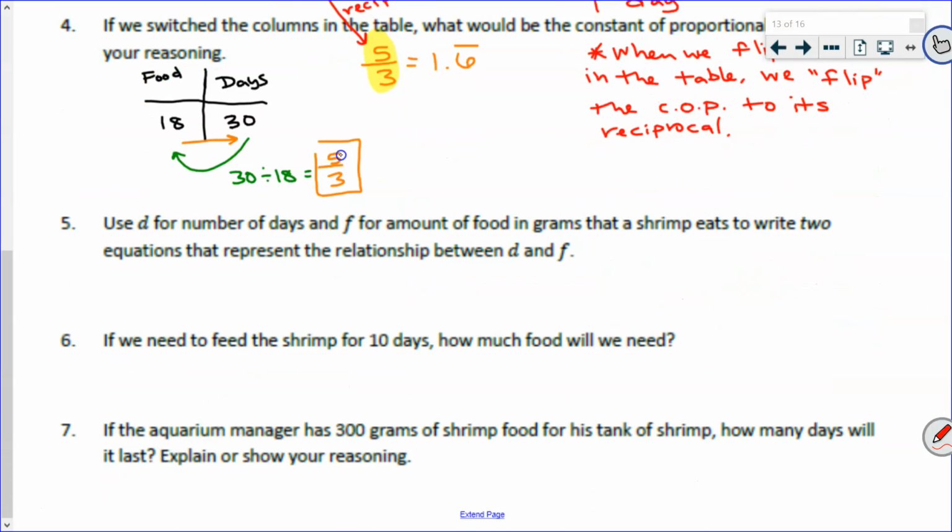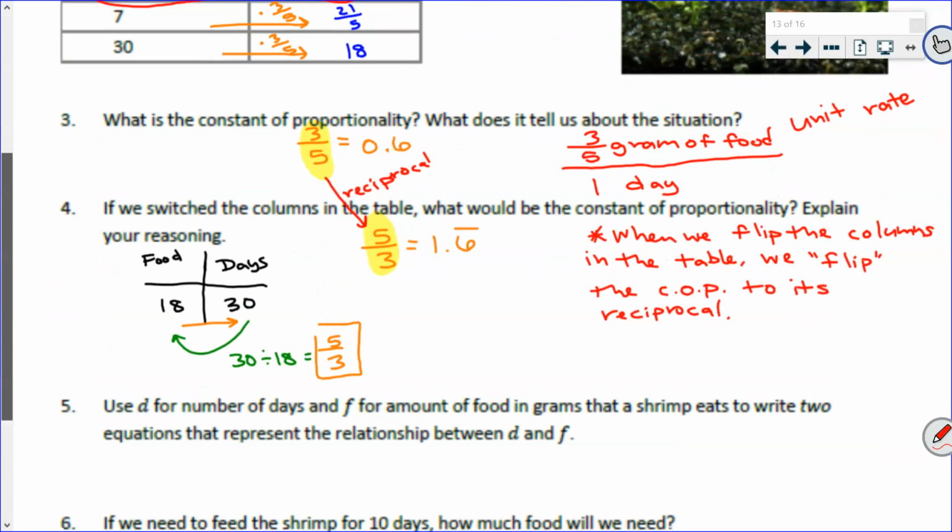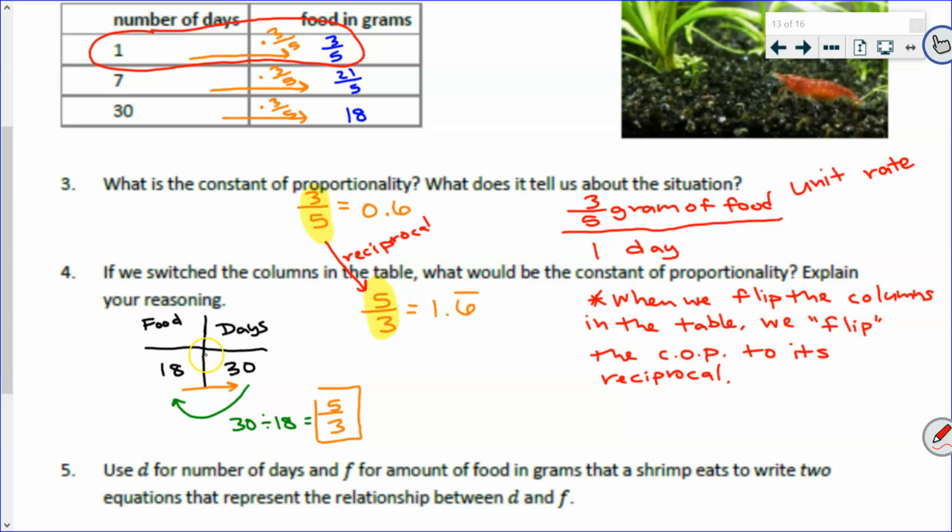So now, this next part says if D is used for number of days and F is used for the amount of food in grams, write two equations that represent this relationship. This is the only reason why I made this little baby table.